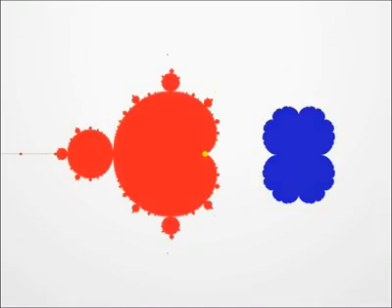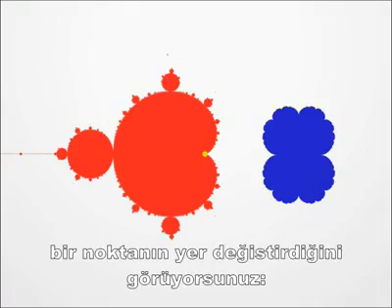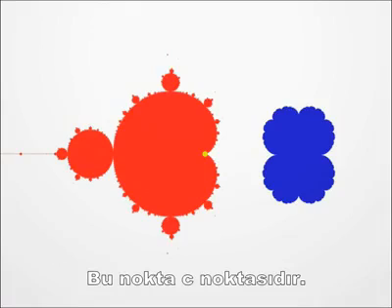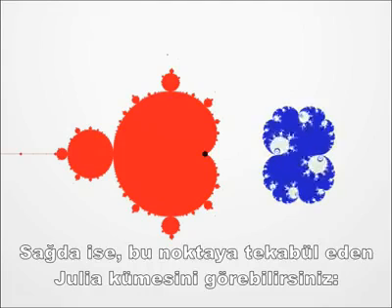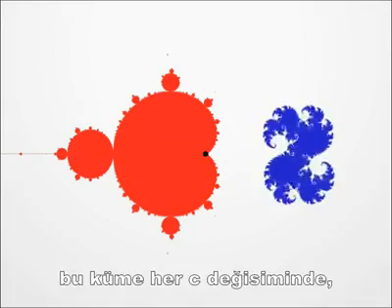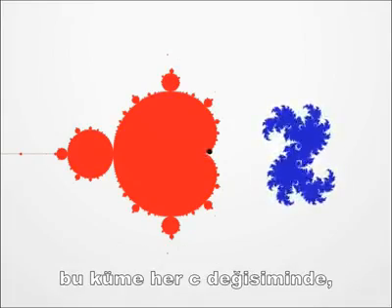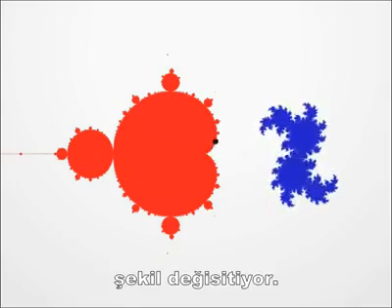On the left-hand side, the red side, you can see a point that will start to move. This is the point c. On the right-hand side, you see the corresponding Julia set. This is deforming as c slowly changes.